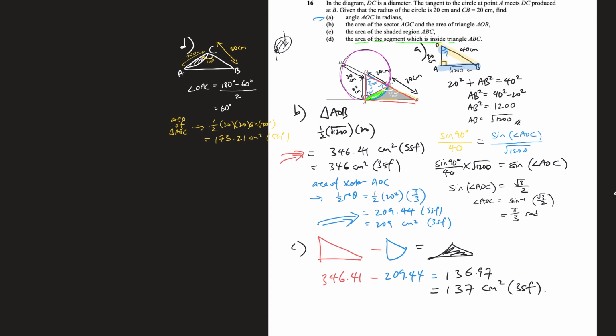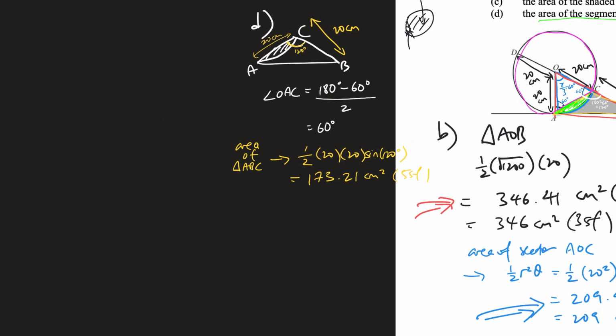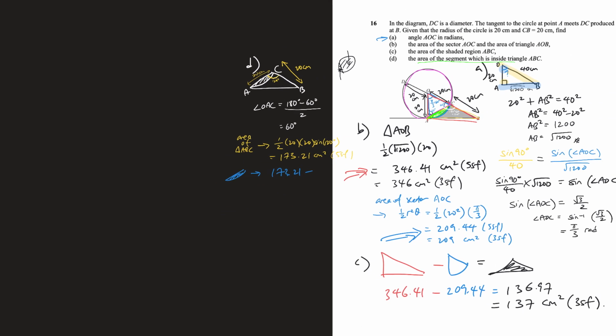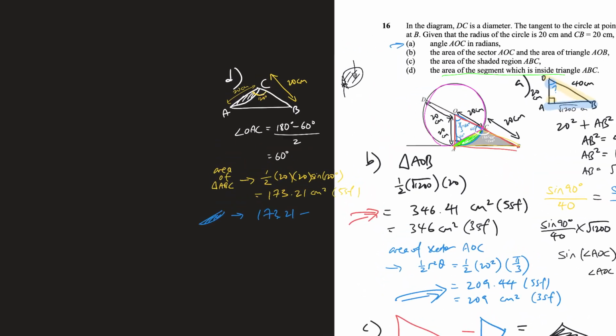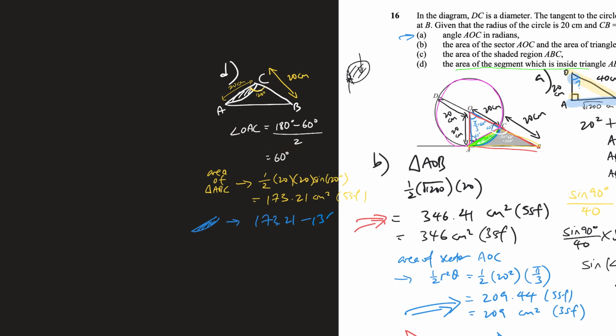So yeah, we can just say my desired area, therefore, the segment, right? This segment is therefore 173.21, and I subtract away 136.97, and that gives me 36.2 cm square in 3SF. And there you go.